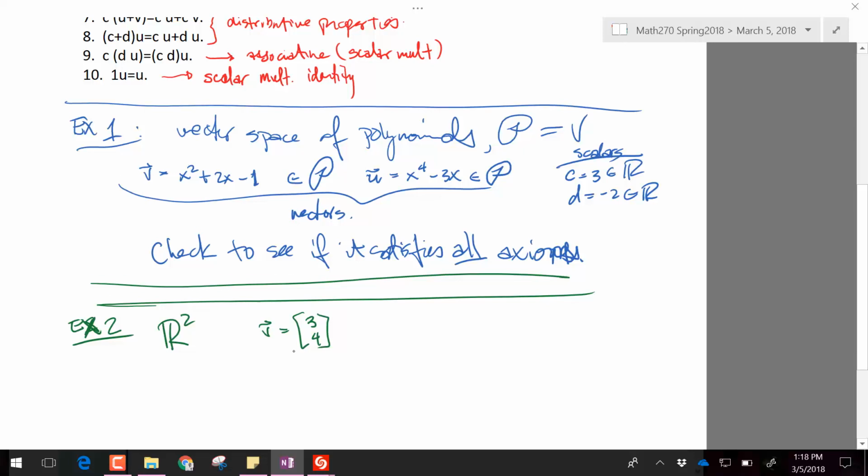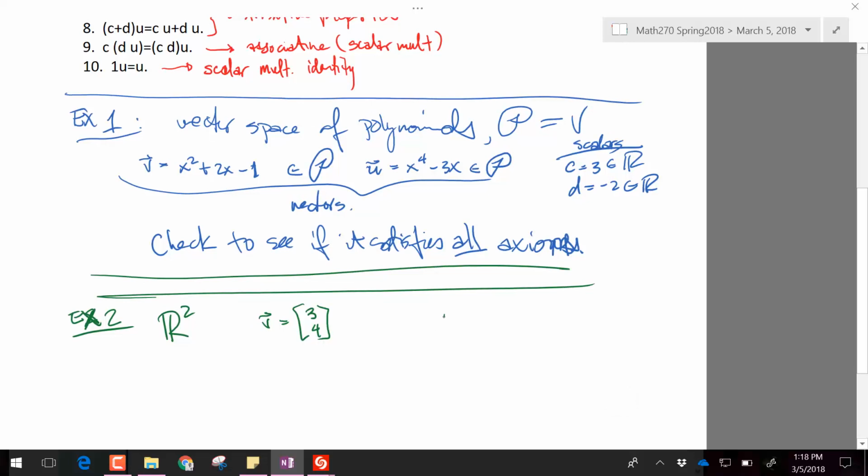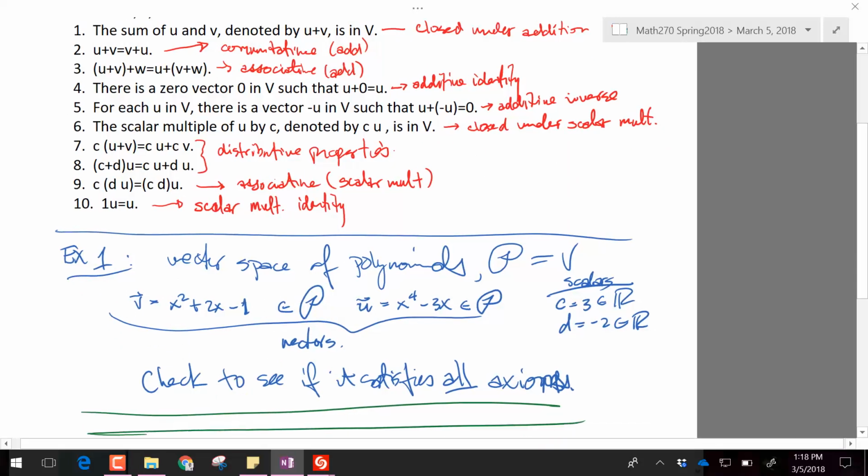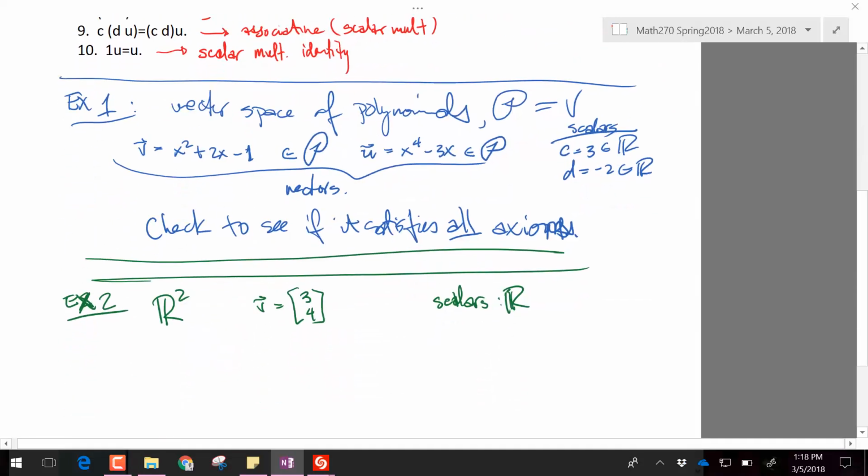And then the scalars are just the real numbers. Okay? So R2 satisfies all these. You can switch the addition, you can re-associate the addition. There exists a negative, the additive inverse, the zero vector, all that other stuff.